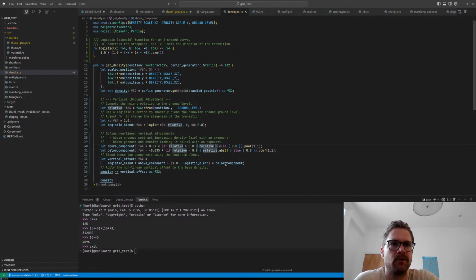If you're below, the above component is going to be 0. So this doesn't make sense at all. That's why I could just do... maybe it doesn't matter, but it feels like unnecessary computation.